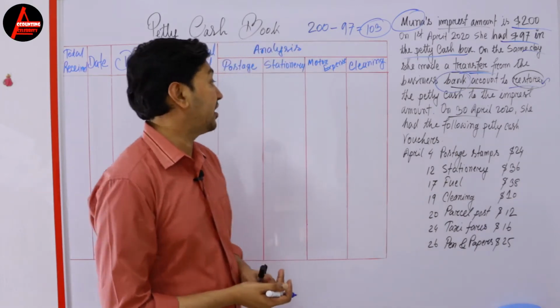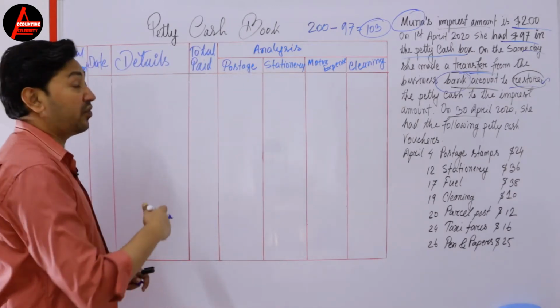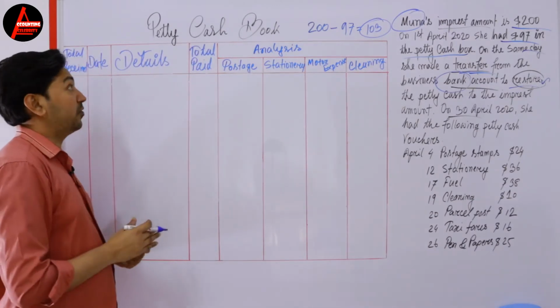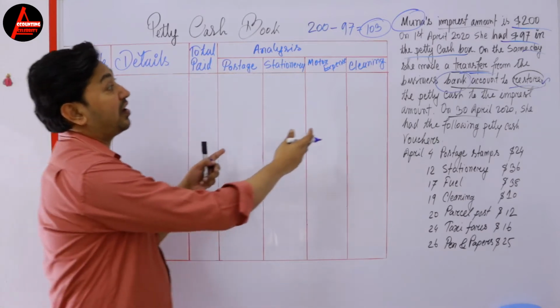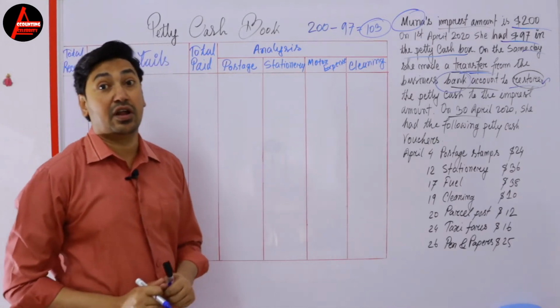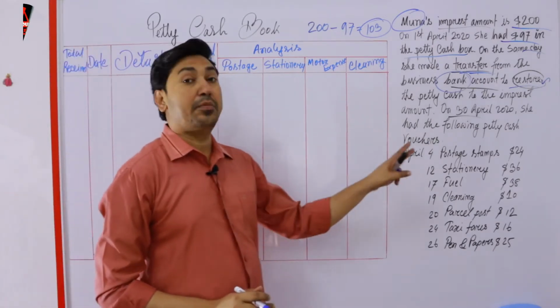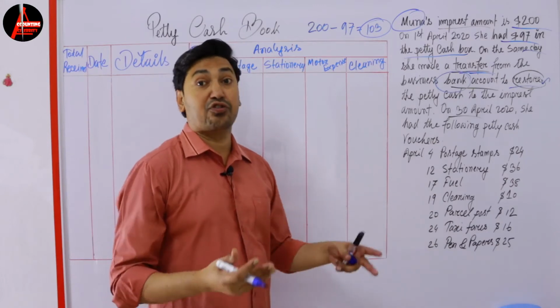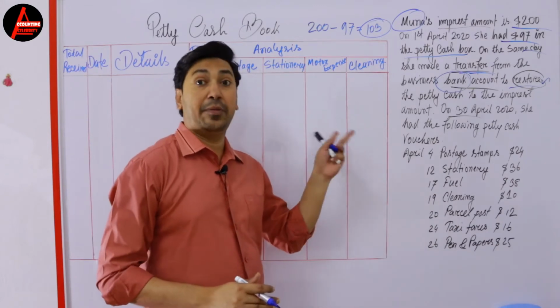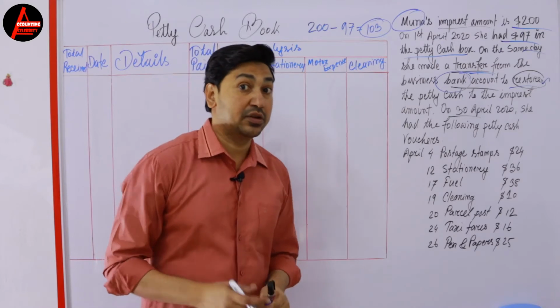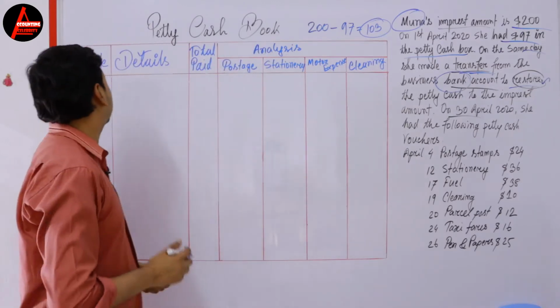Okay, so now see, first of all, this is the format layout of petty cash book. This is the analysis column. This analysis column depends on the number of transactions. If you have more transactions, maybe you have to make more analysis columns. So look at here. What is the first column?